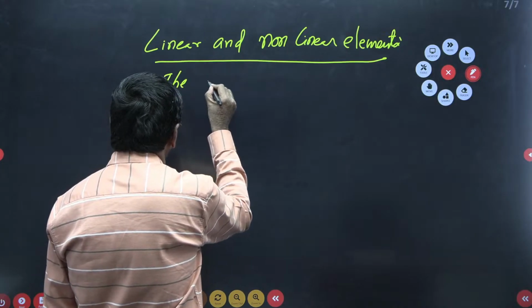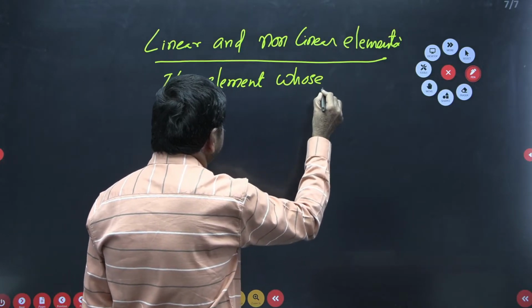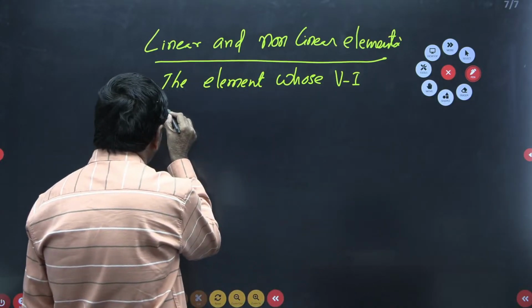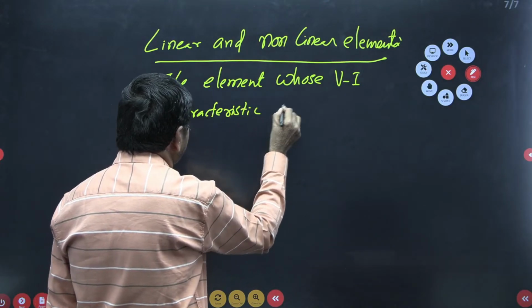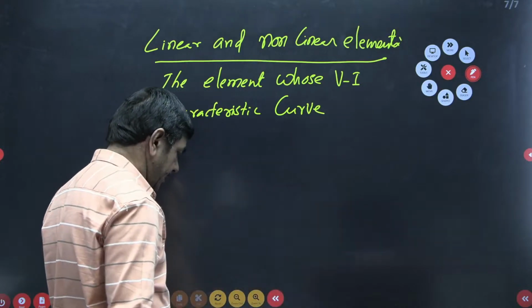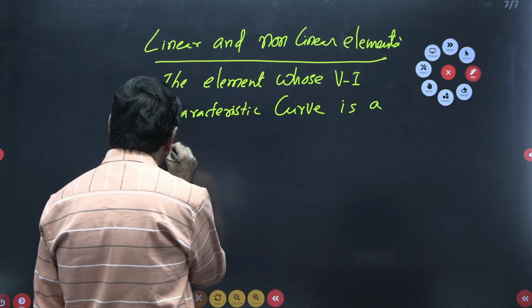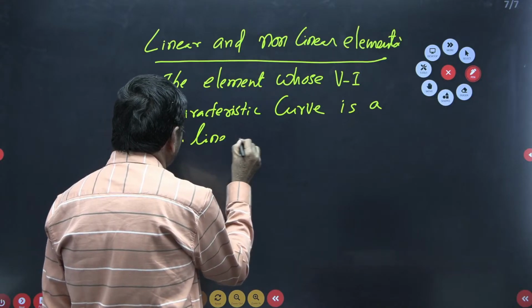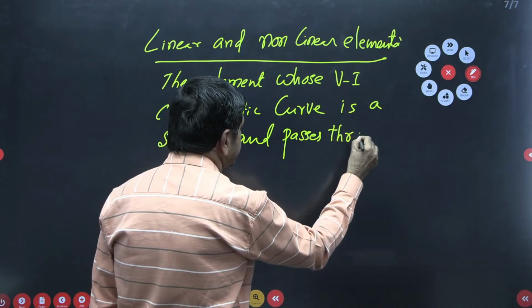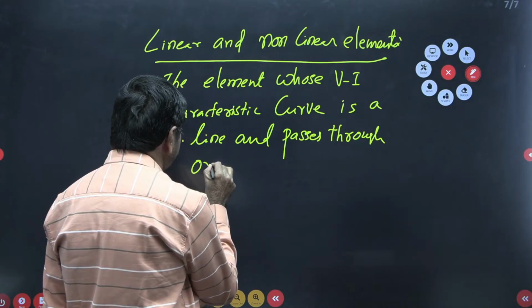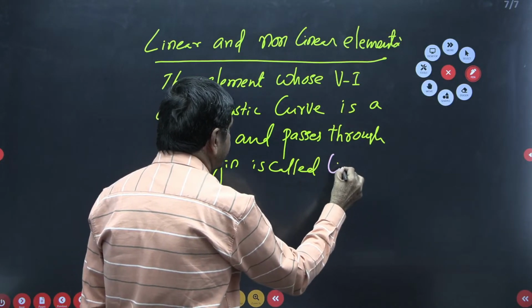The element whose VI characteristic curve is a straight line and passes through the origin is called linear.